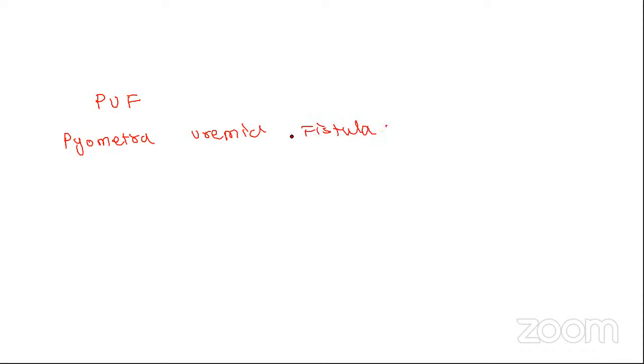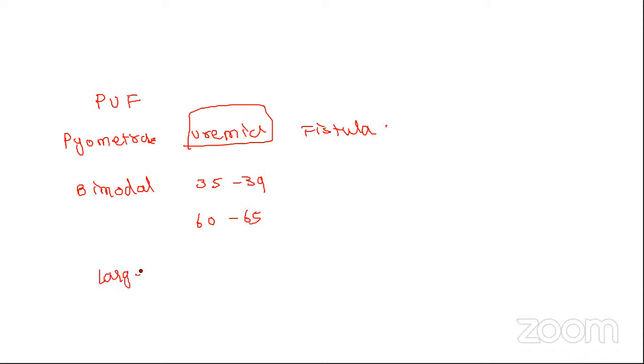The most common cause of death in carcinoma cervix is uremia. It has a bimodal peak. The first peak is around 35 to 39 years. The second peak is between 60 to 65 years. The most common type of carcinoma cervix is squamous cell carcinoma, that too large cell keratinizing type.